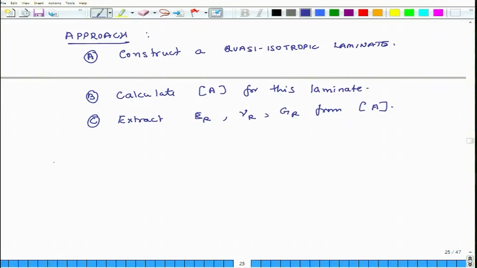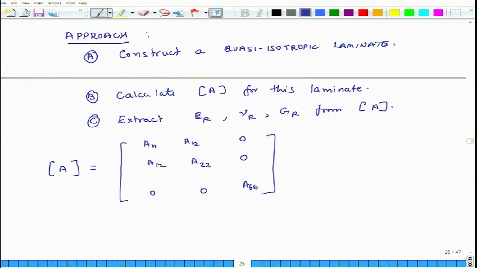So, we know that A is equal to A11, A12, 0; A12, A22, 0; 0, 0, A66. For a quasi-isotropic laminate, this is the case.